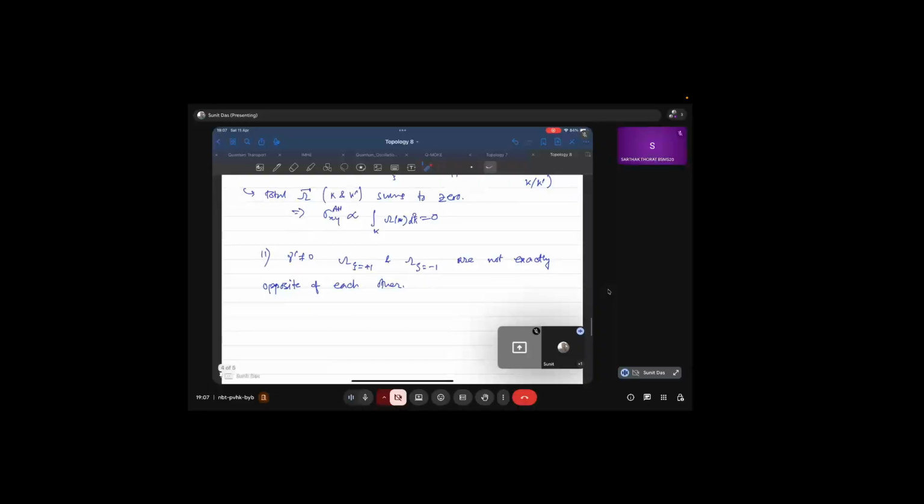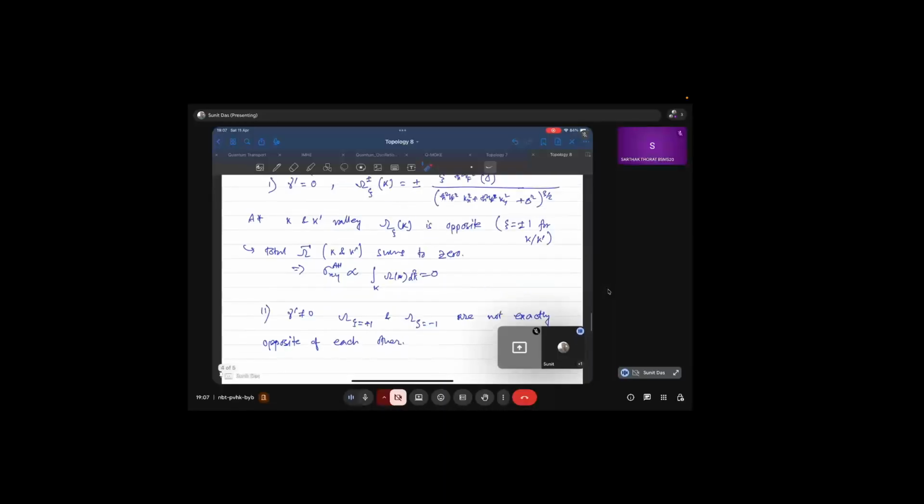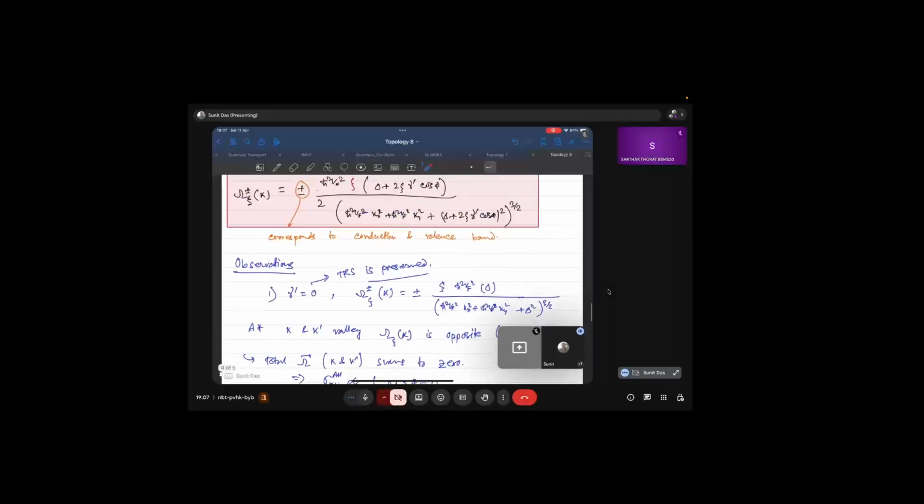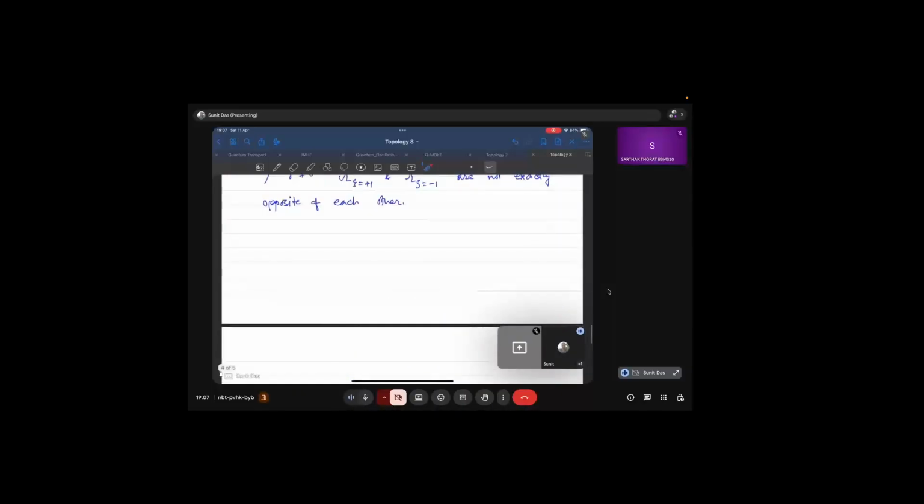Now what we are more focused on here is the scenario where gamma prime is not equal to zero, for both the valleys. Imagine you are in, let's say, the conduction band, because there is also plus minus. So let's say you have a graphene-like system where both the valleys are something like this, where your chemical potential lies somewhere here.